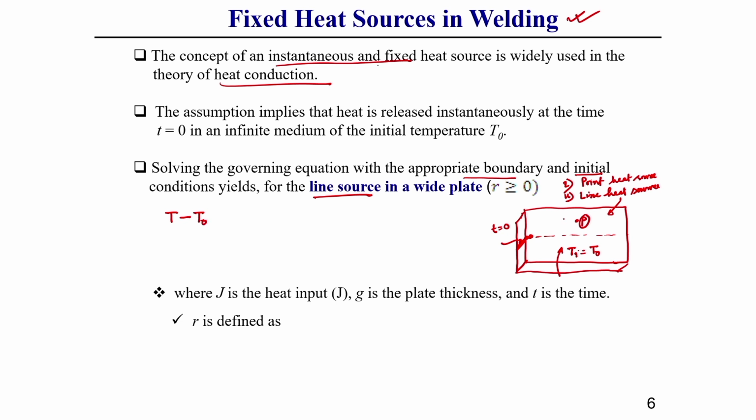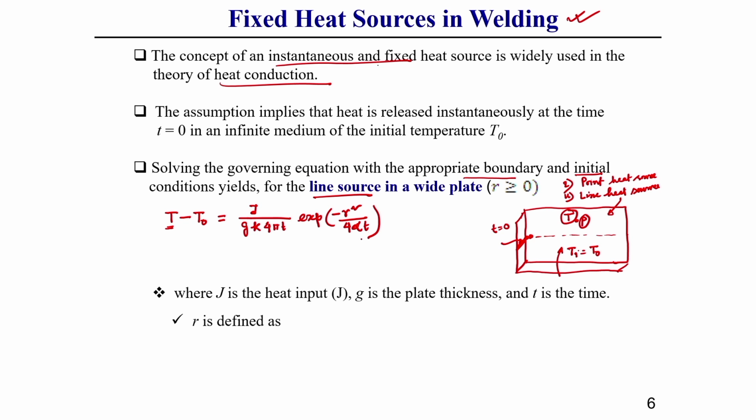At a point P, the temperature T can be written as T minus T0 equal to J by g K 4 pi t, exponential to the power minus r square by 4 alpha t. You should keep this in mind. So, this is the solution.